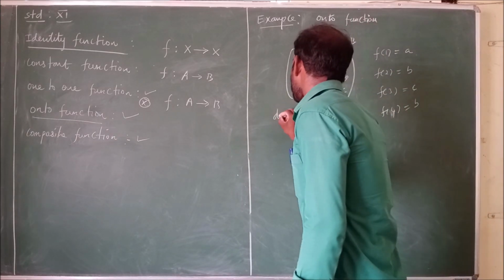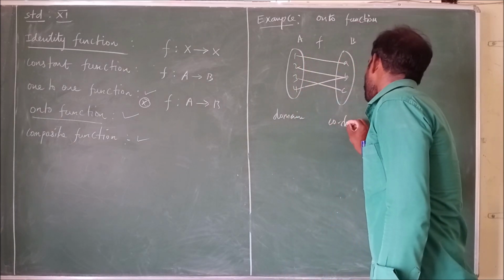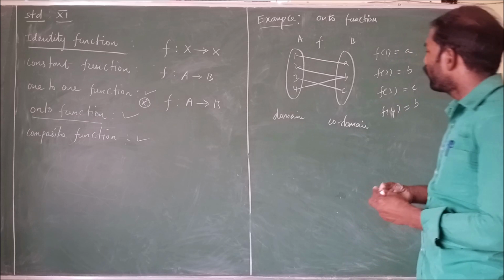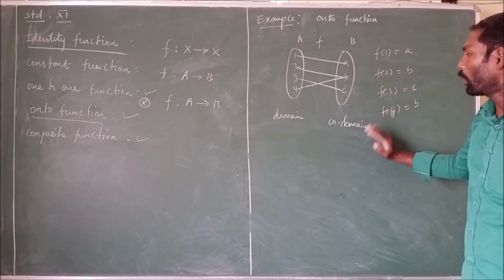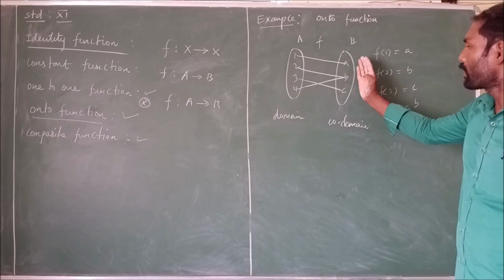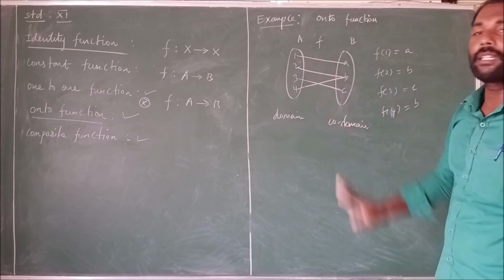This one is the domain and this one is the codomain. For every element in the codomain, there is at least one pre-image in the domain.